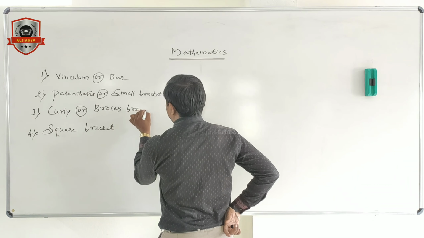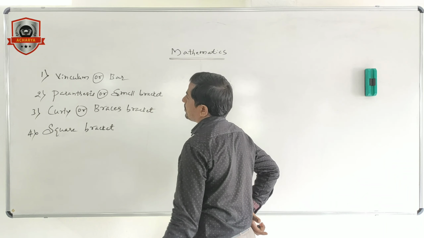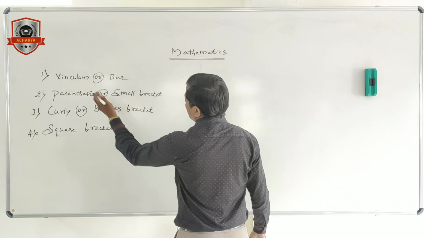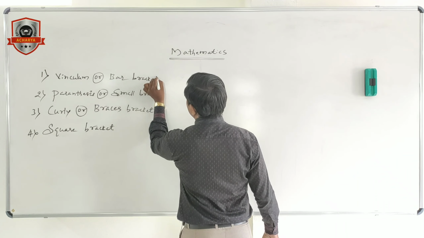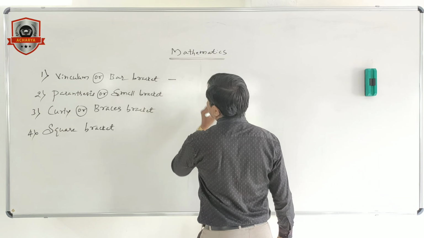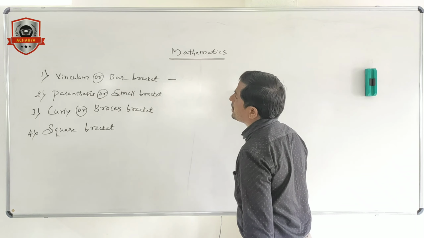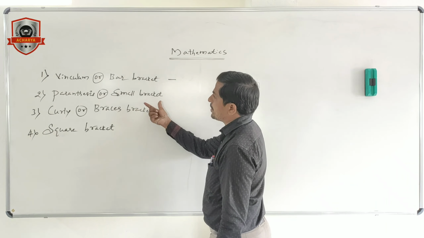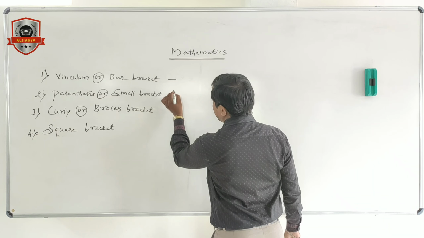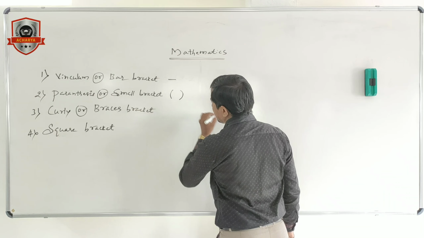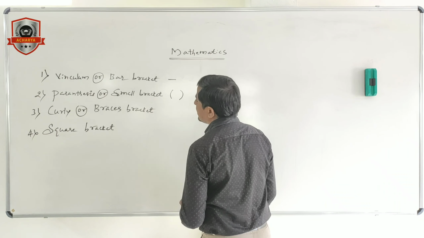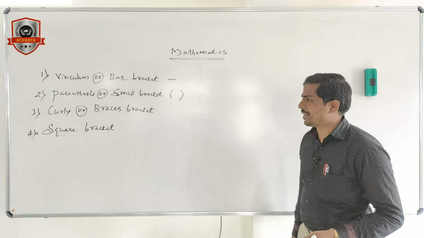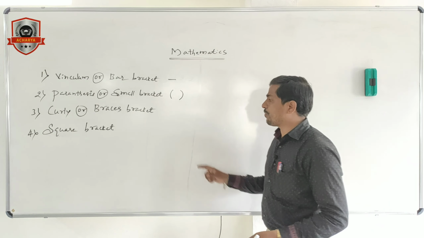Braces bracket, vinculum or bar bracket. Usually bar we can write like this, parenthesis, small or common bracket we can show like this, then curly, braces, or we can say flower bracket.